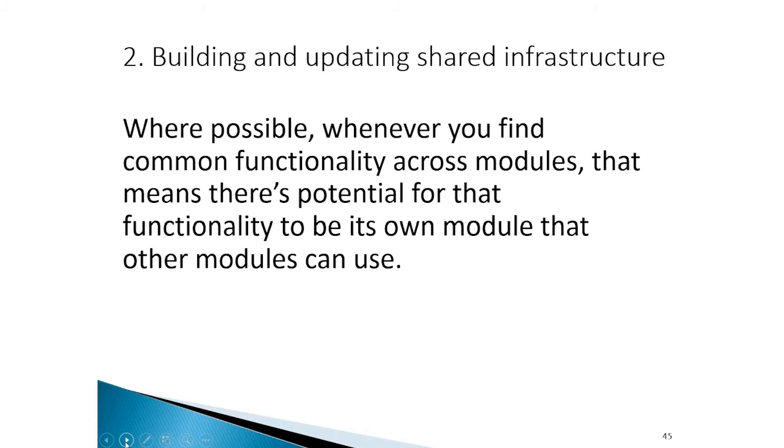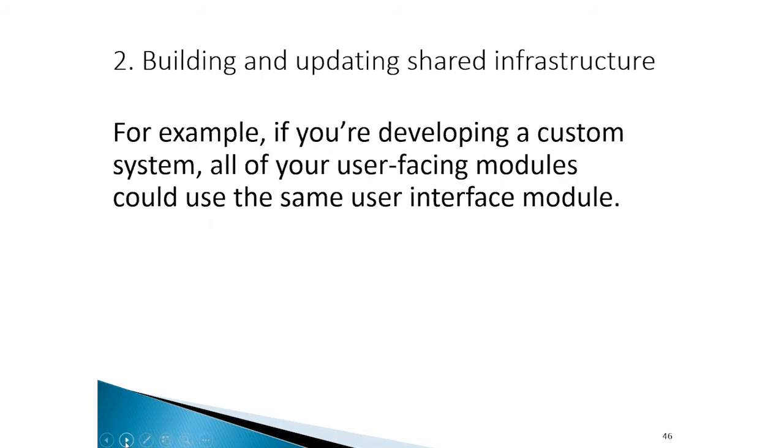One other example on the next slide. If you're developing a custom system, all of your user-facing modules might use the same user interface module. This might not necessarily be a module, but is sometimes called a pattern library or a style library, or even just a JavaScript library, but the intention here is the same.